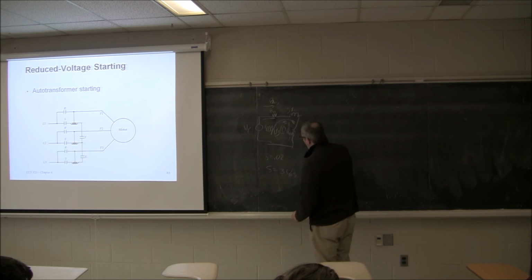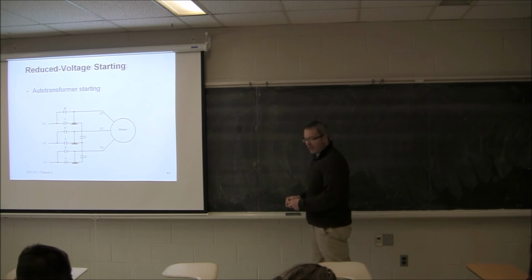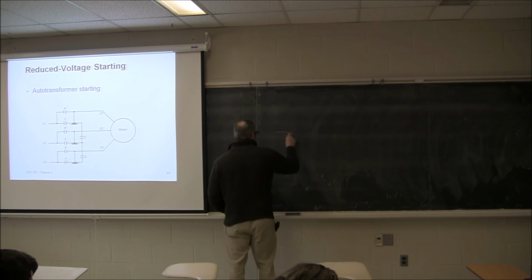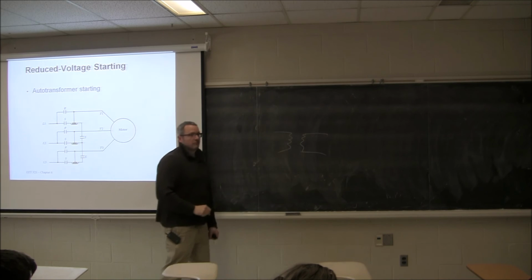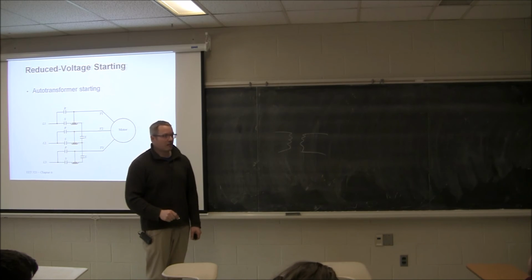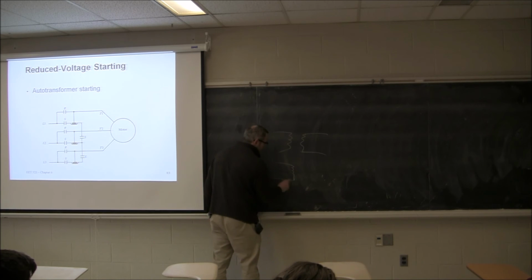It's not unheard of, you do see them, but they're not nearly as common as a regular old transformer. So here's a regular old transformer, right? Primary and secondary. What if I did that?